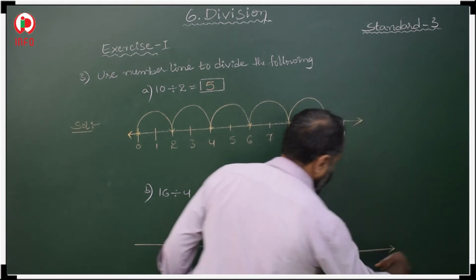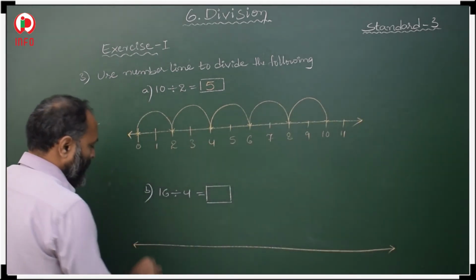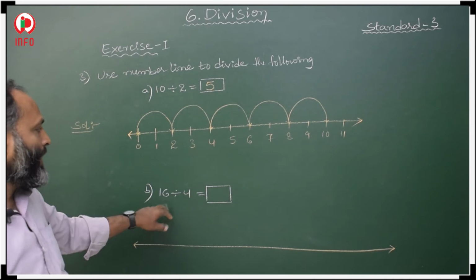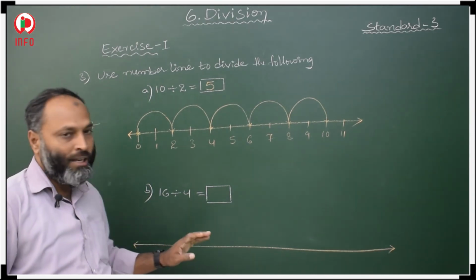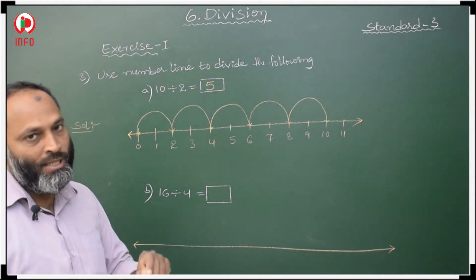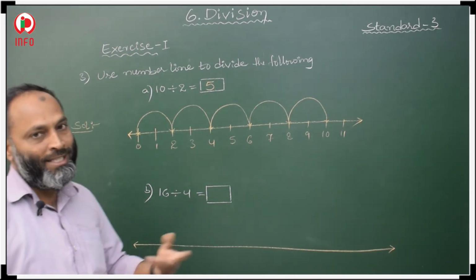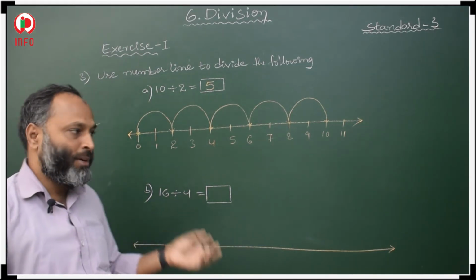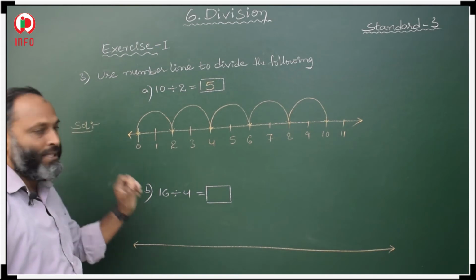So this is our number line. Here 16 is given. So we have to write the numbers from 0 to 16 compulsory. If you want to take 17, 18 also, that is your wish, but we have to write till 16. From where?